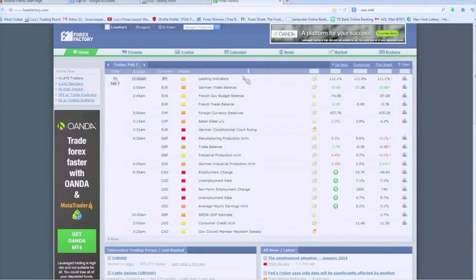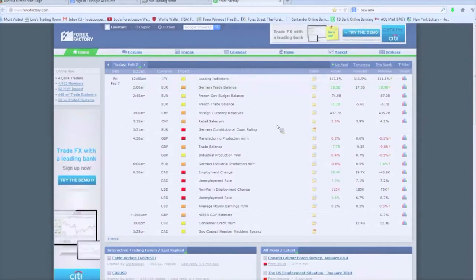These folders, the color of the folder tells you historically if this news event has been a big mover, a moderate mover, or a small mover. If the folder is red, that means that this particular report has usually been a very, very strong mover. It's been a very, very powerful mover, and it could move the market dramatically. Okay?